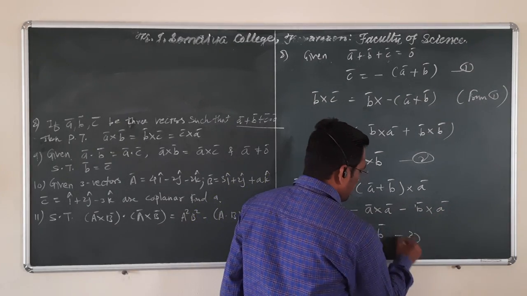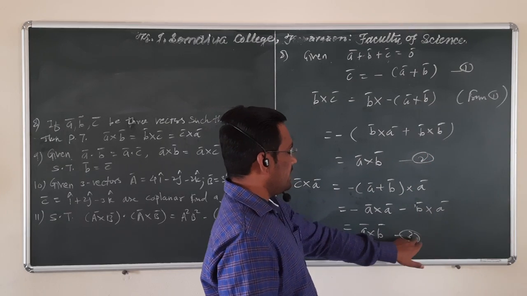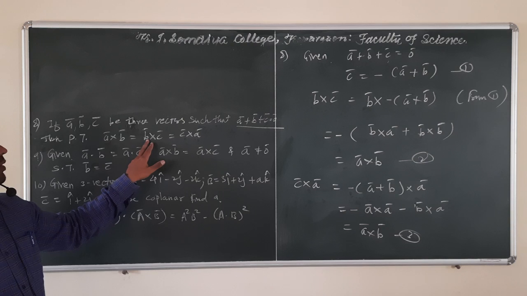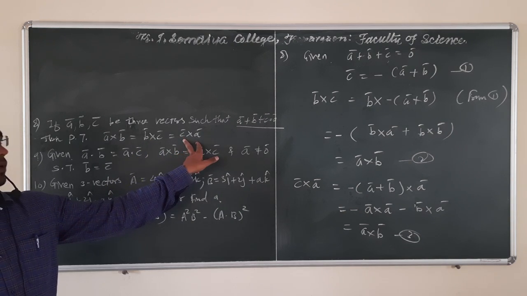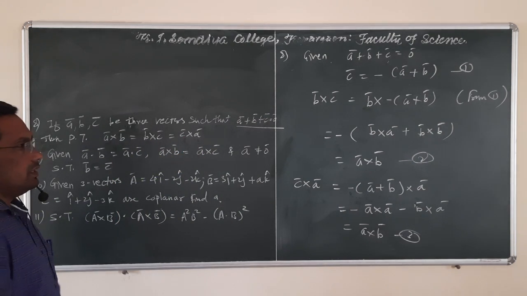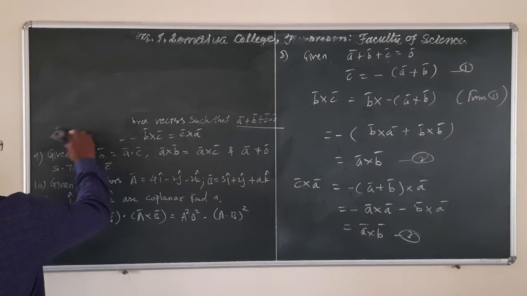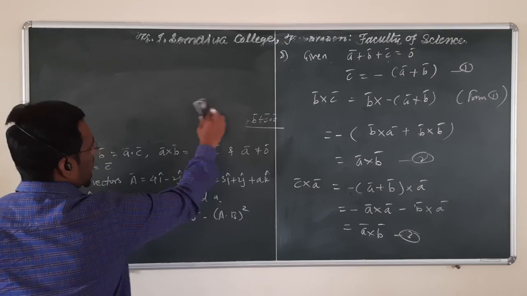So from equations 2 and 3, we can say that A cross B is equal to B cross C is equal to C cross A. Okay, so with this we finish problem number 8. Now, problem number 9.